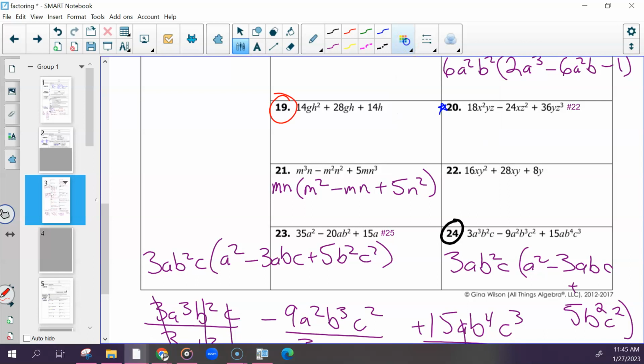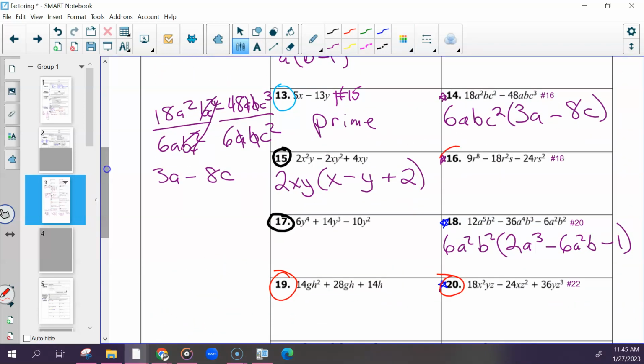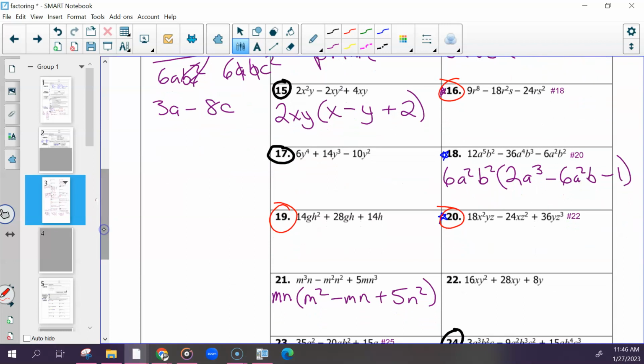Any others? So let's do those three. If you have others, we'll come back to those. So starting with 16. Highest number we can divide out of all three of these.